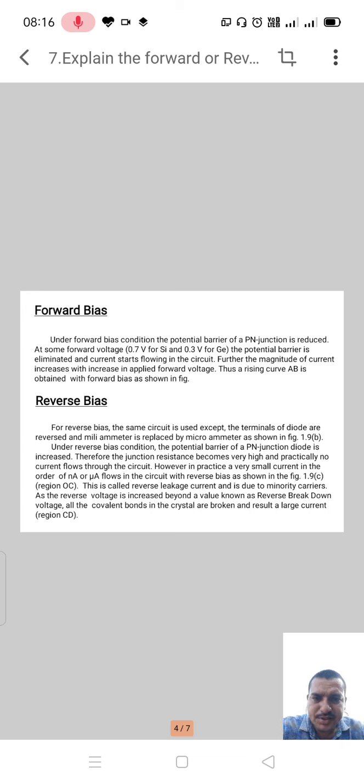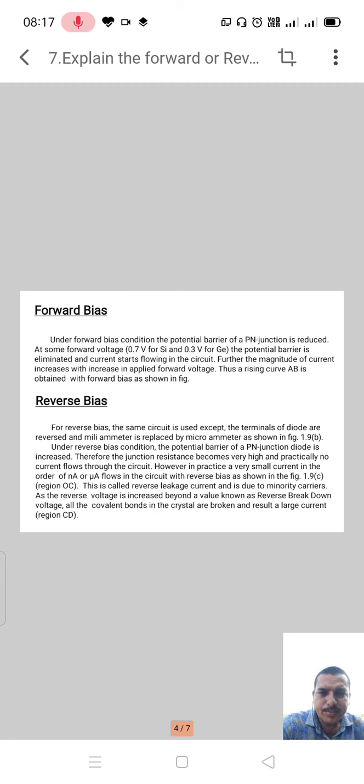Under reverse bias condition, the potential barrier of a PN junction diode is increased. Therefore, the junction resistance becomes very high and practically no current flows through the circuit.